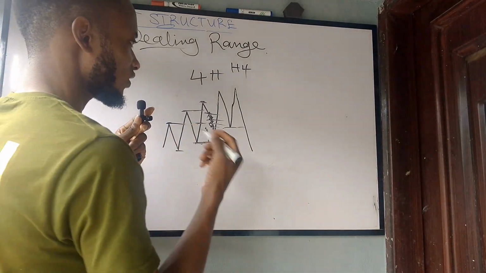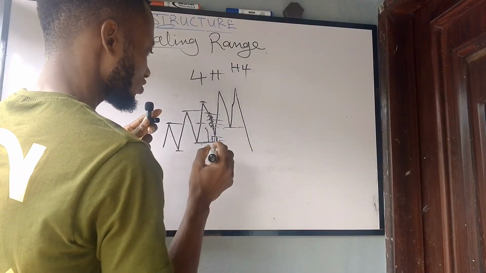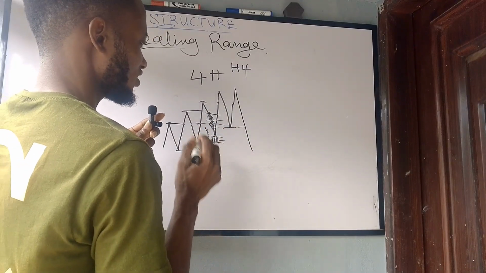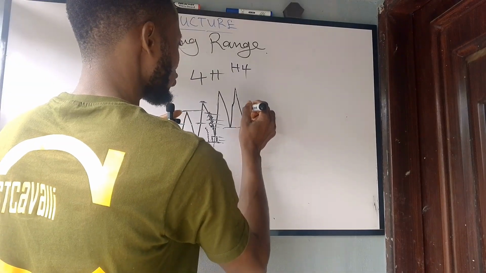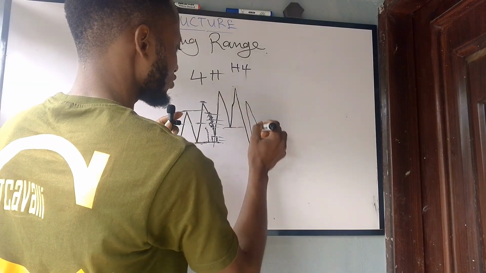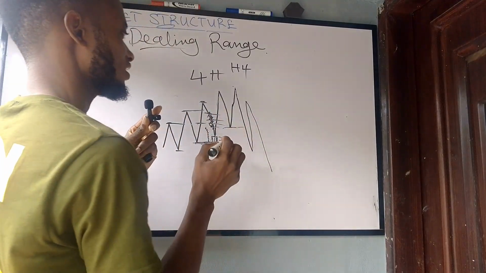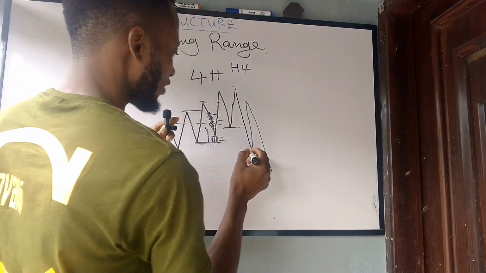We need confirmation to be able to know that certainly price has changed its bias. So the moment we see price come and not break above this space again, and then it creates another low, it means that price has finally changed character. So now we have a confirmation.